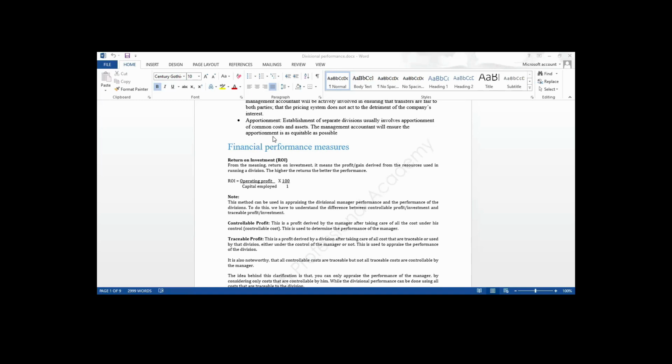To do this, we must make a decision between controllable profits and traceable profits. If you are to assess divisional manager performance, you are going to use controllable profits: profits within the control of the divisional manager, divided by the investments within the control of the divisional manager.